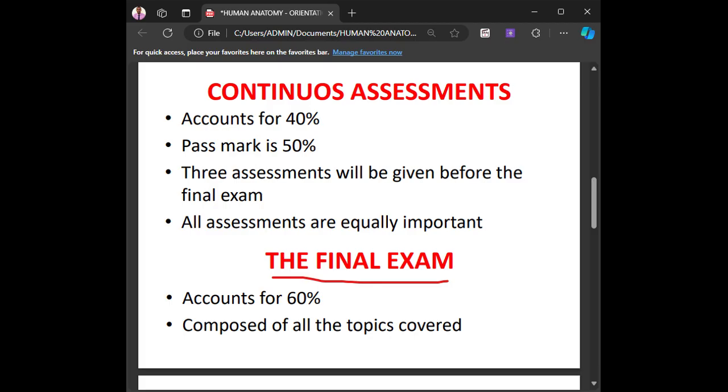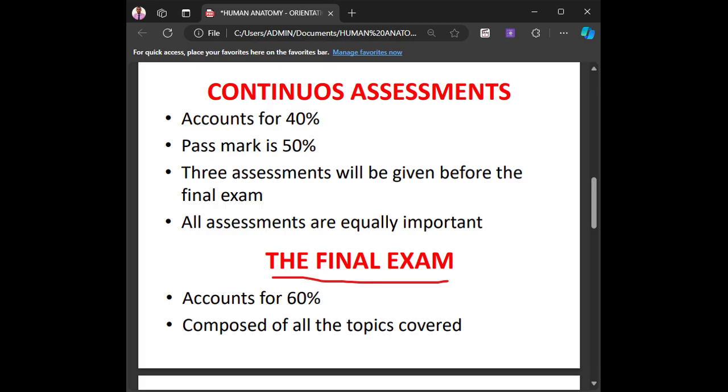And this final exam basically will comprise all the topics that you are going to cover. And I should also make this point clear that as far as this course is concerned, that is PTY 2010 and HAN 2110, the most bulky subdivision or component of this course is gross anatomy.